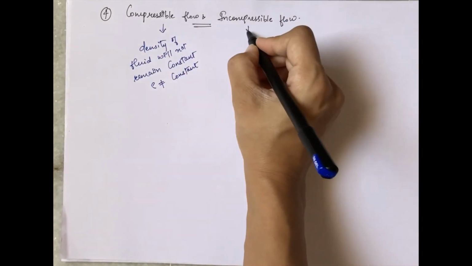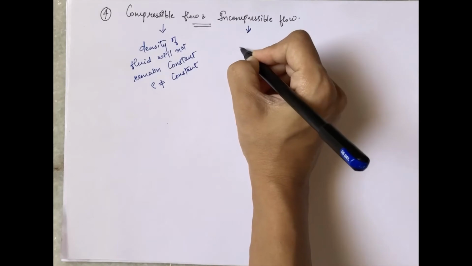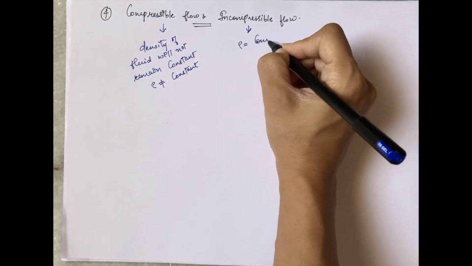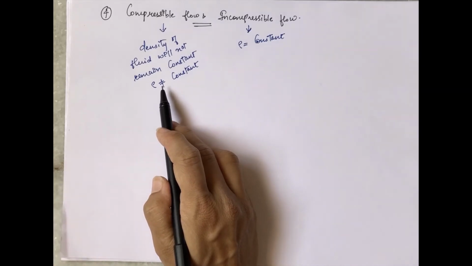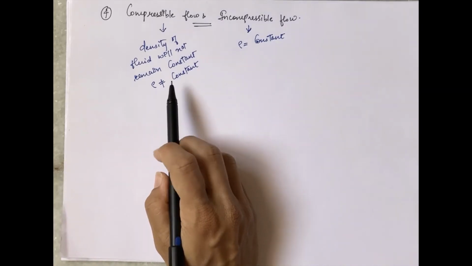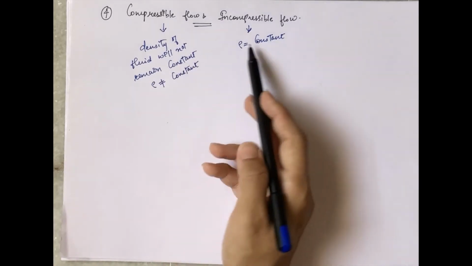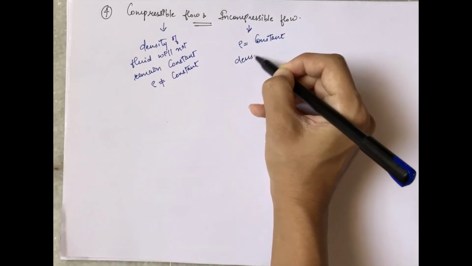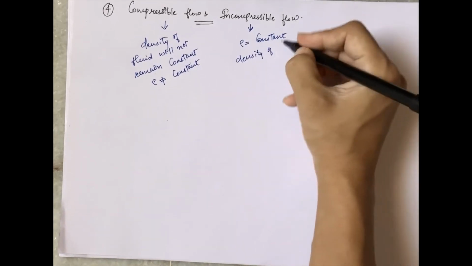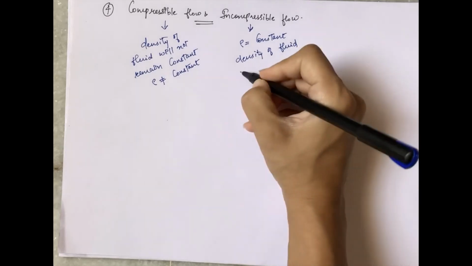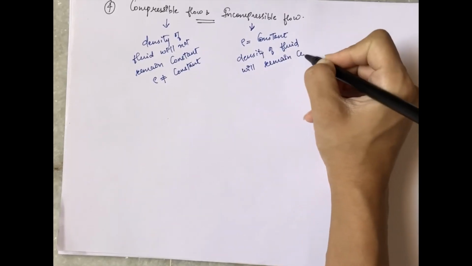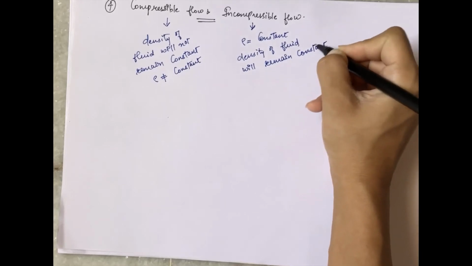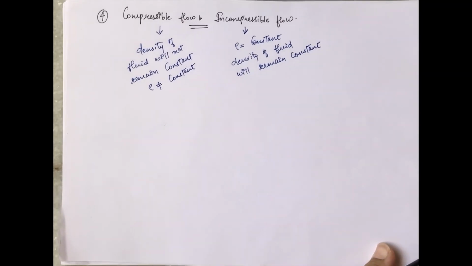And in case of incompressible flow, rho is equal to constant. That is, the density of fluid cannot be changed. Here it will not remain constant, while here the density of fluid will remain constant. So that type of flow is known as incompressible flow.